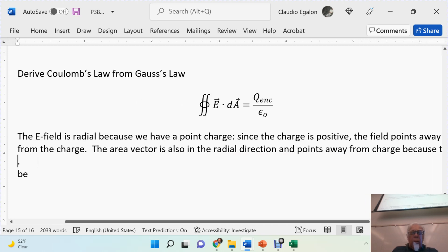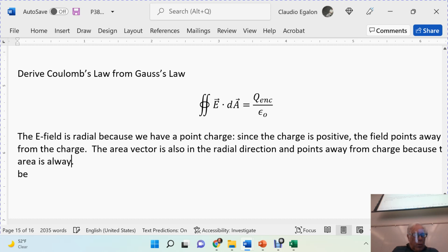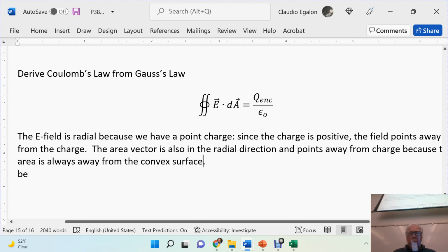because the area vector is always away from the convex surface. That's how we choose the direction of the area vector, okay?